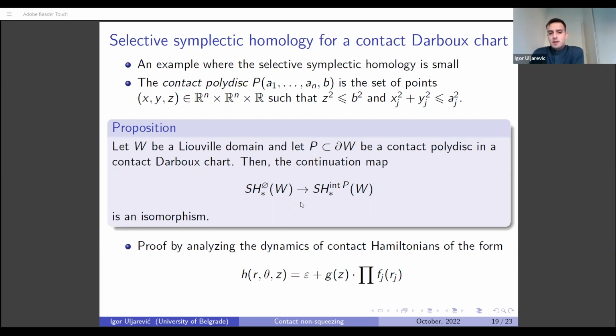And so one can prove that for such a contact Hamiltonian, the z coordinate is strictly monotone along the trajectories of the contact Hamiltonian, so proving that there are no closed orbits. And in fact, one can pass from epsilon to h continuously without creating periodic orbits. And this is an essential ingredient in the proof of the proposition above.